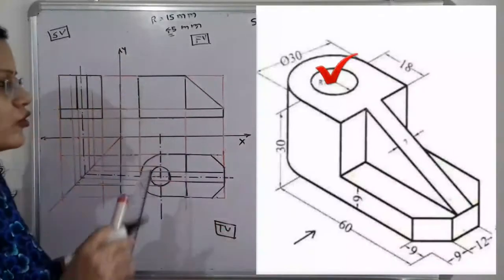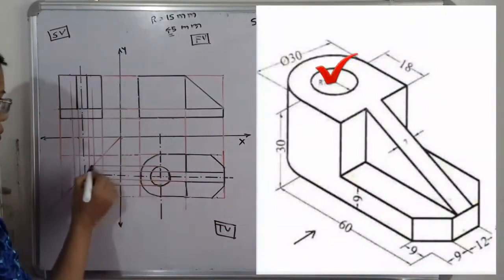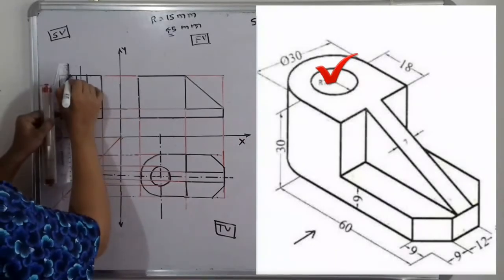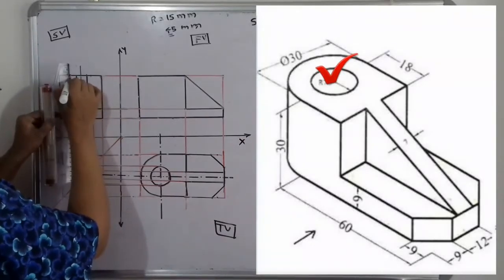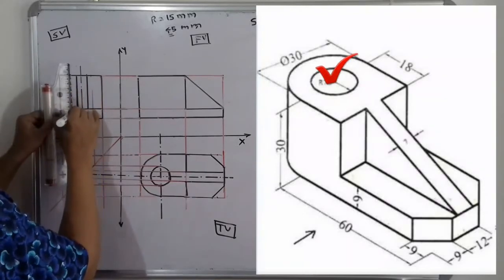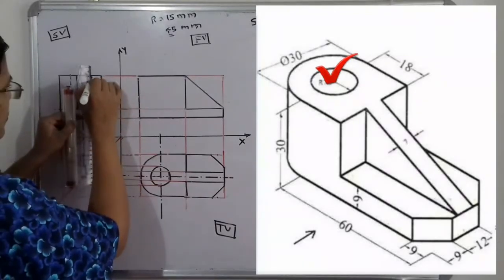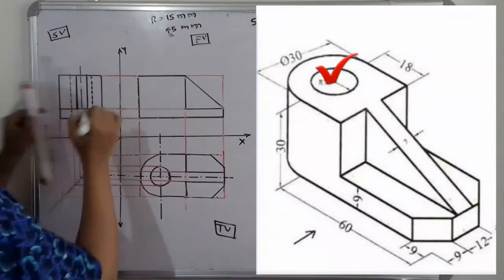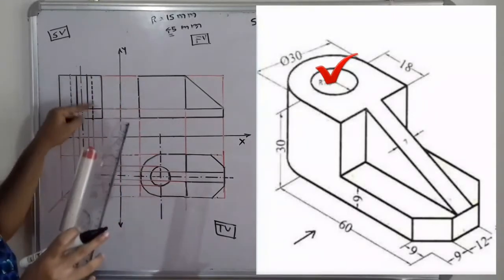So we have to show it. So how to show it? So here is the projection of the hole. So it exists all along the height. So we have to show it in the form of dash. So for this whole height we have to draw it in the form of dash. So this is getting completed.